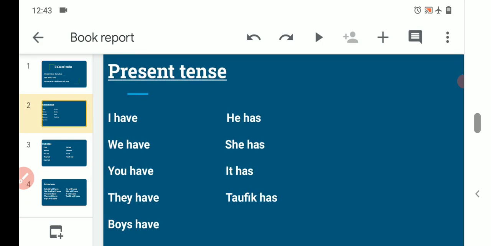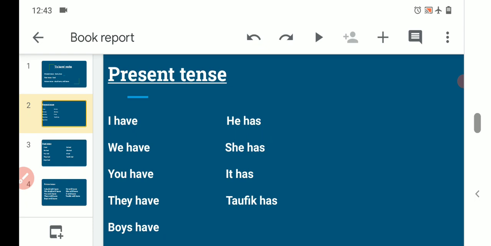Here I have mentioned various subjects and the form of to have verb for present tense. Present tense. See, if the subject is I, we have to use have with it. So it will be like this: I have.